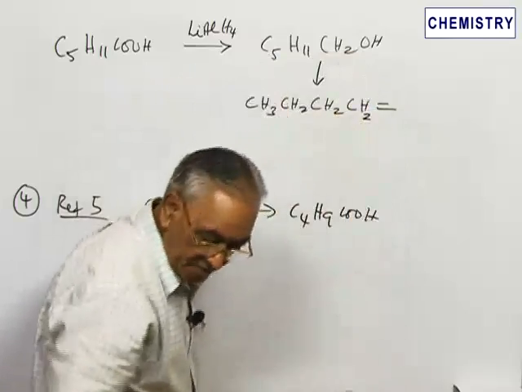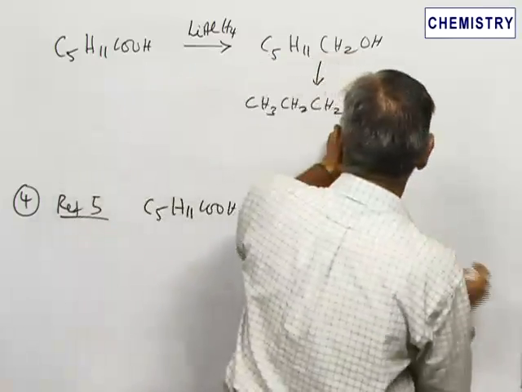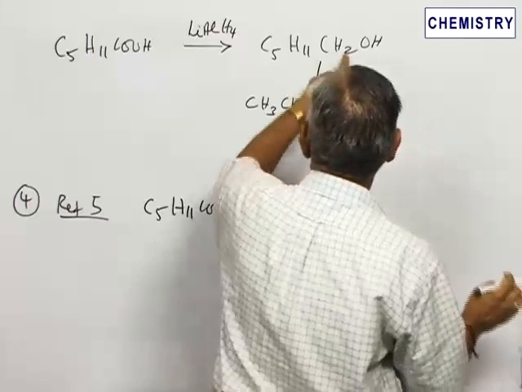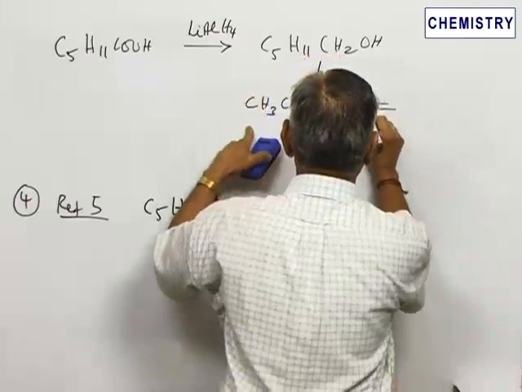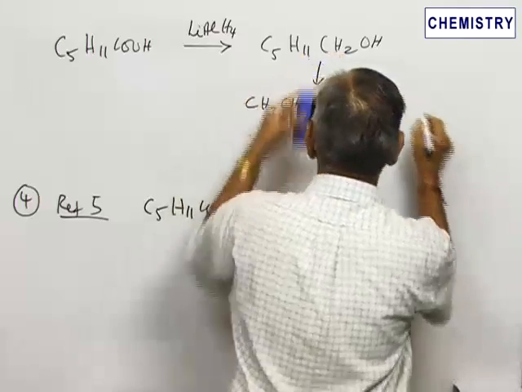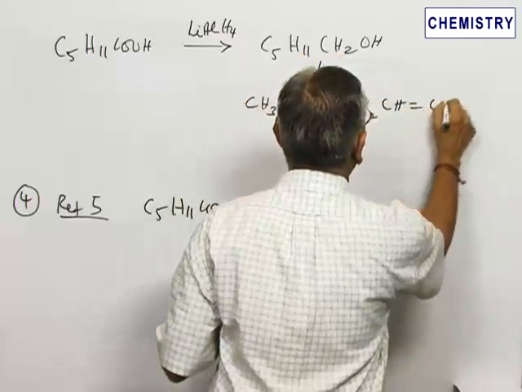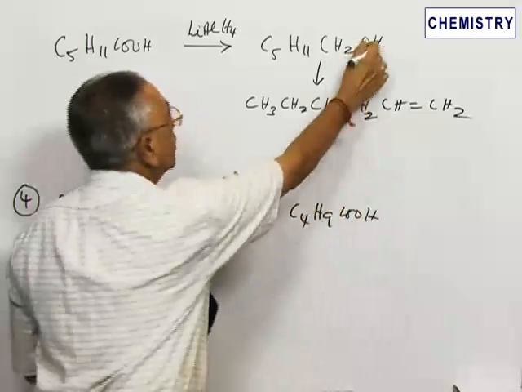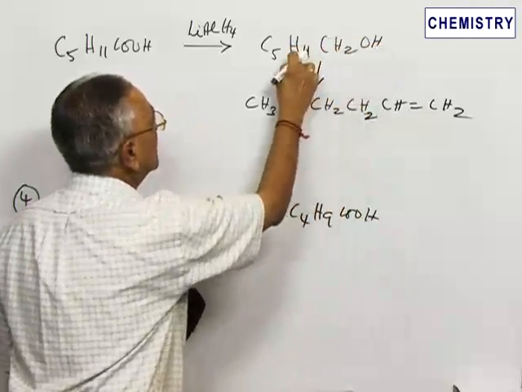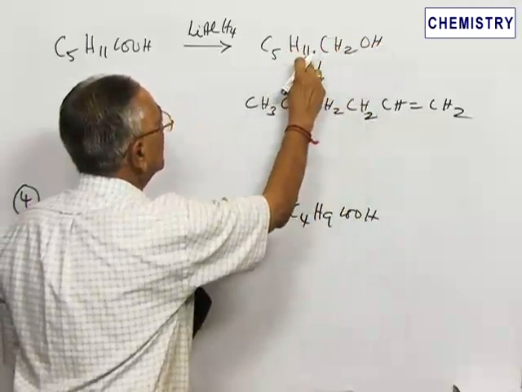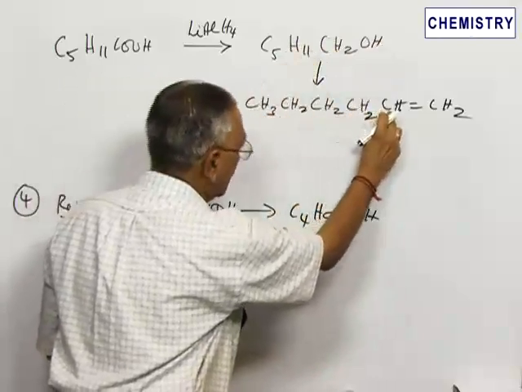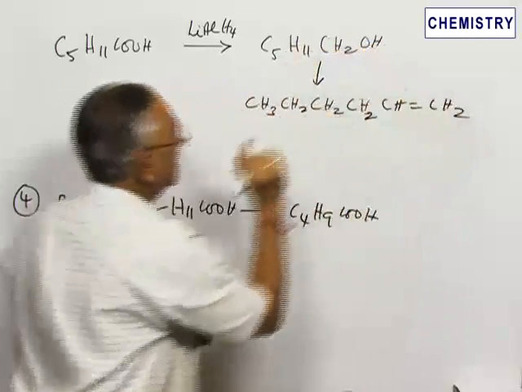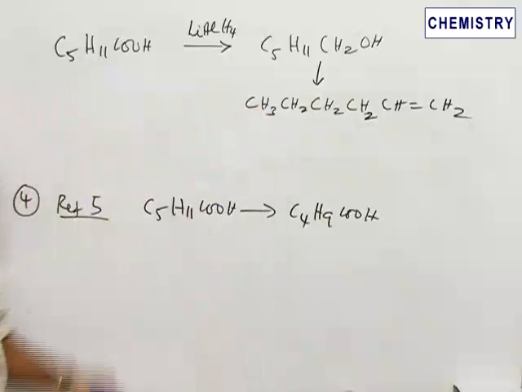So you have this CH2, and 4 carbon atoms will be there, and then the 5th carbon atom will form a double bond like this. So this OH and then one more hydrogen atom from here. Therefore, this will become 1, 2, 3, 4, 5. Then this carbon atom will remain like this. This olefin will be produced.